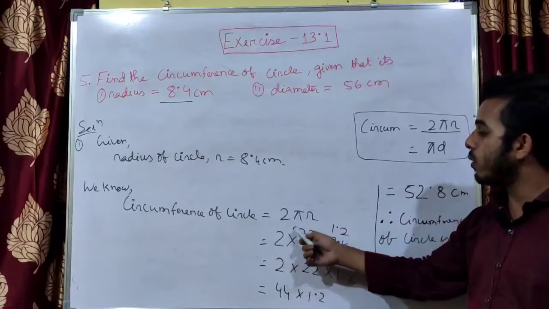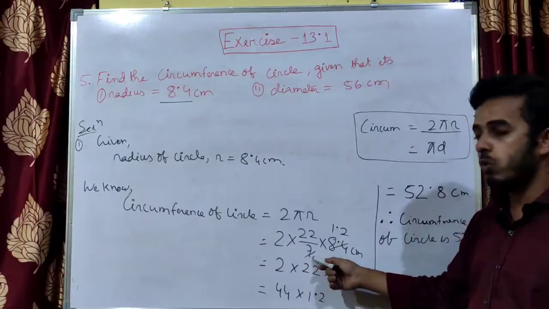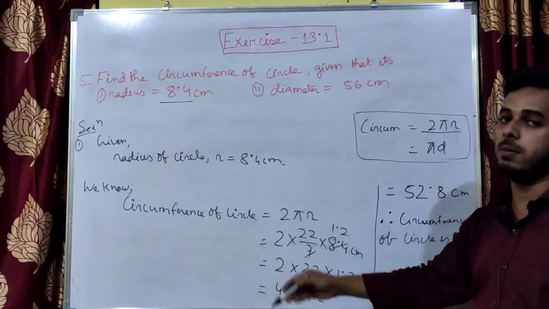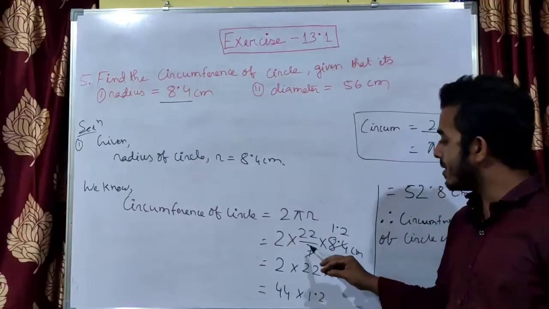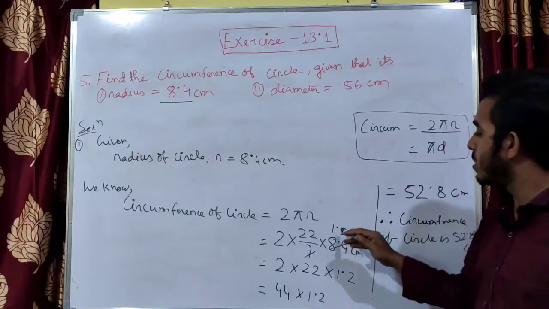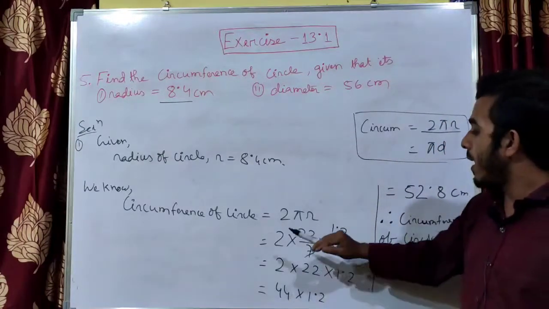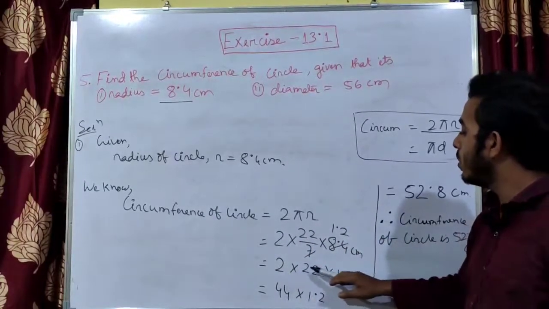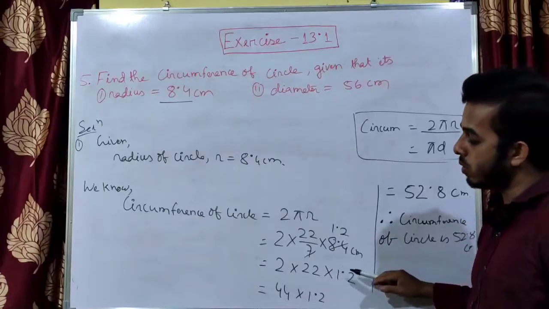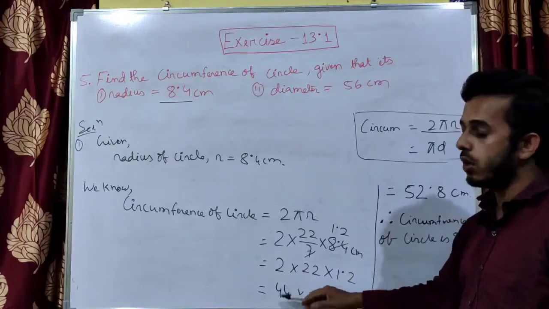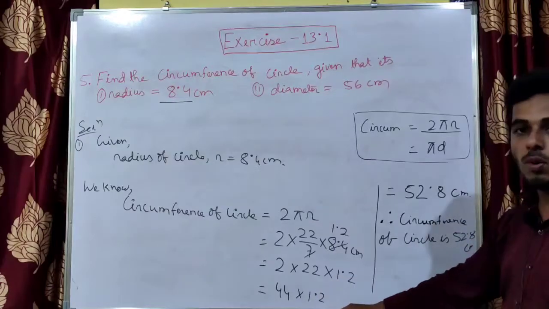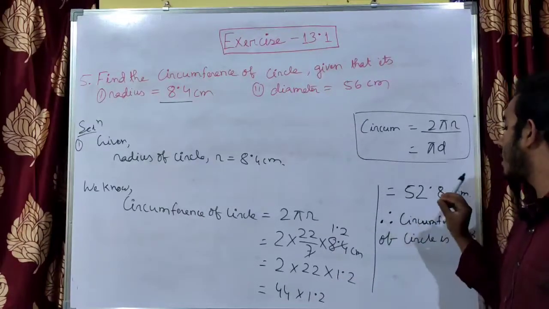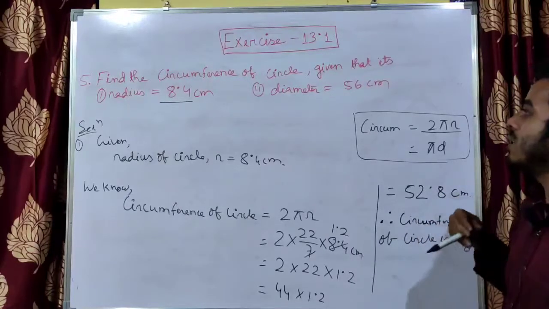In place of 2 we have written 2, in place of pi we have written 22 by 7, and in place of r we have written the radius, which is 8.4 centimeter. After this, we have cancelled 7 with 8.4, which is 1.2. Then we have multiplied numerator: 22 into 2 into 22 into 1.2. 2 into 22 is 44 into 1.2. And 44 into 1.2 is 52.8 centimeter. Therefore, circumference of circle is 52.8 centimeter.